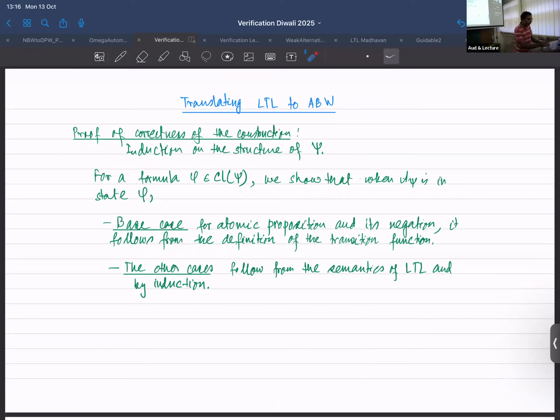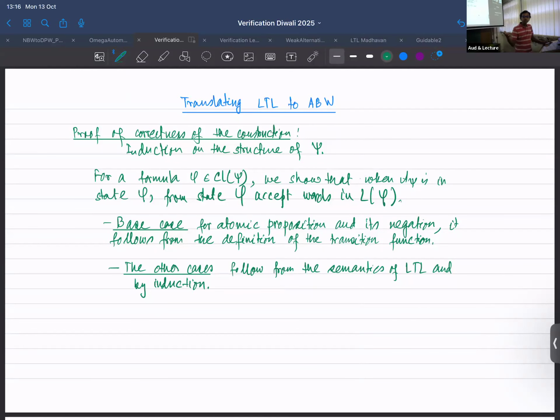If you have, for example, the formula phi in the closure of psi, then when we are in state phi, it essentially means that from state phi we accept the words which are in L of phi, right? You can prove this again by using induction on the structure of the formula.